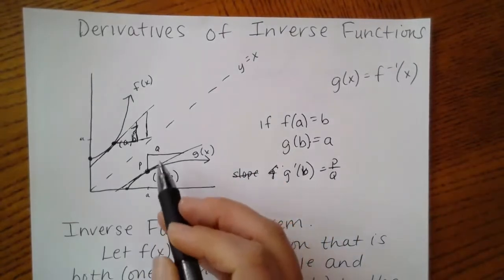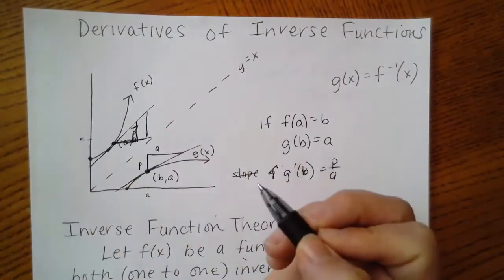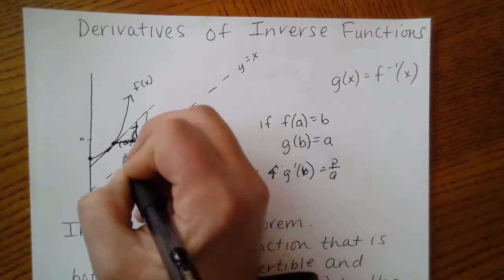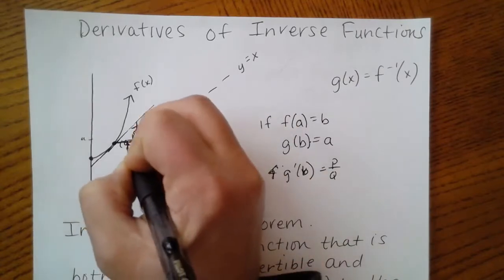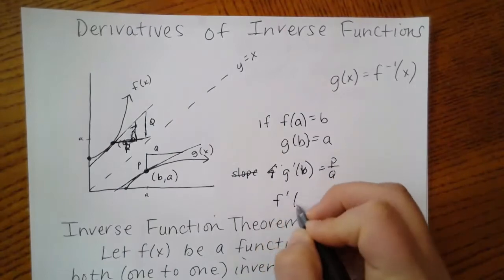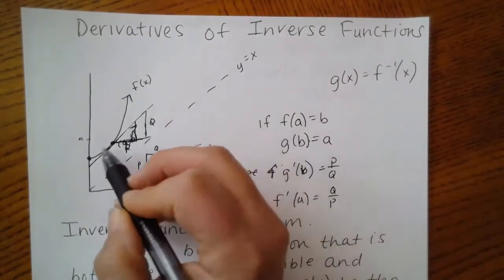I don't know what these heights are, right? This is P and this is Q. So f prime of a would be Q over P because that's rise over run.